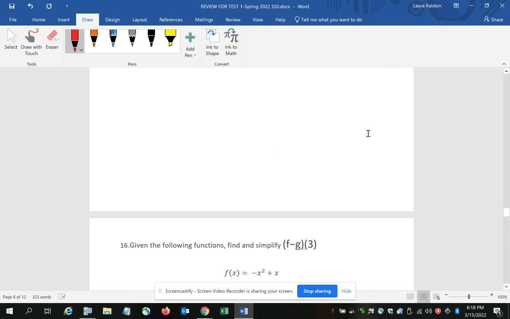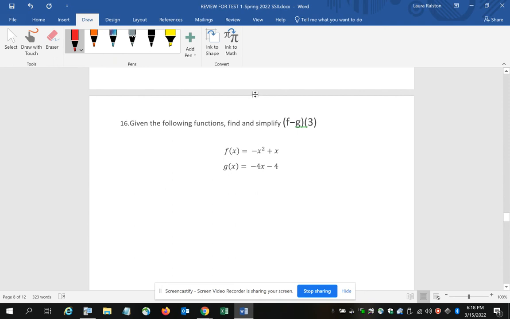Question 16 asks us to find and simplify f minus g at 3. And then they define for us function f and function g.